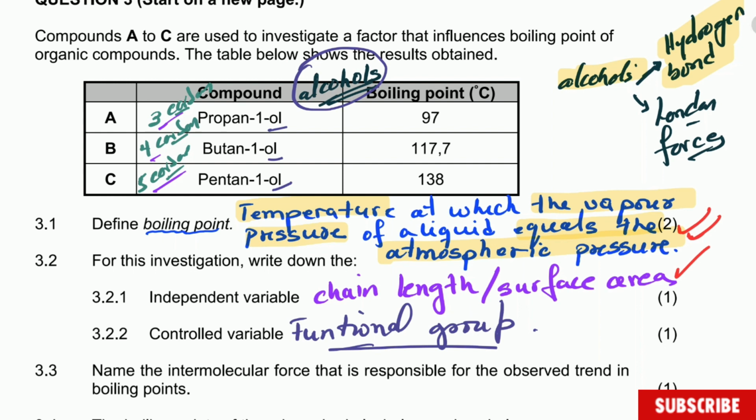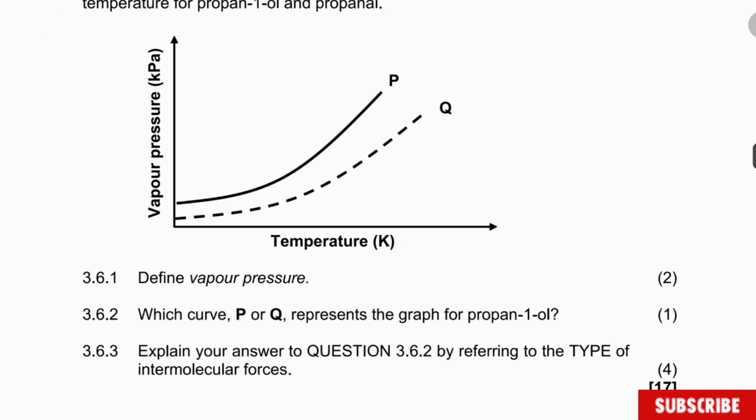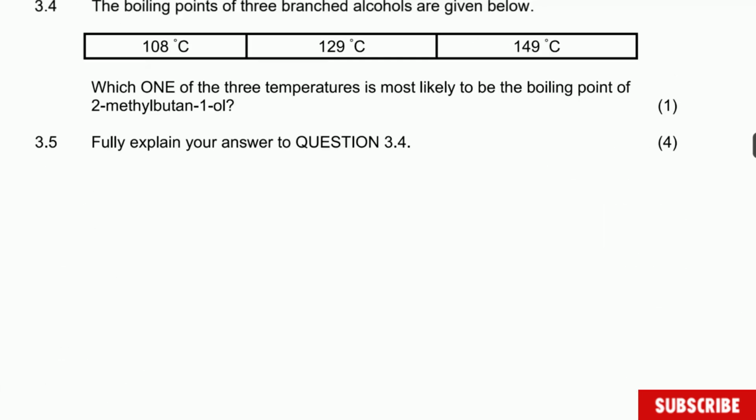Which one will be the dependent variable? Boiling point. It's not part of the question, but if they ask you to identify the dependent variable, it is the boiling point. The boiling point depends on the number of carbon you add in each of those alcohols. If you do that, you will get another mark. Guys, so far we have 4 marks out of 17, which is not bad.